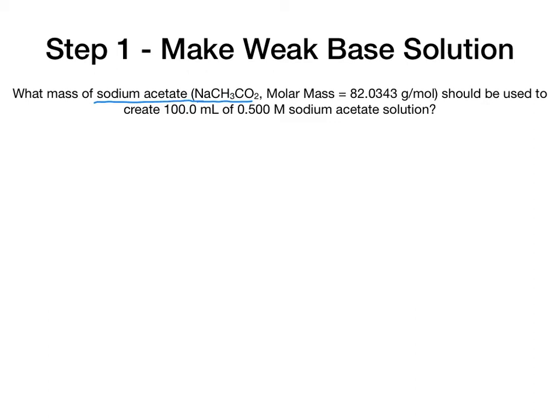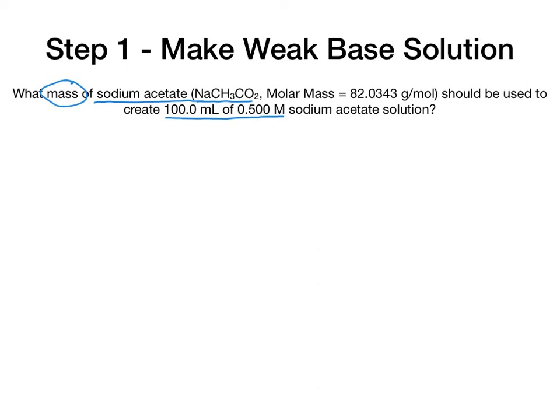Sodium acetate is a solid, it's a salt, and the procedure tells us that we want to create 100 milliliters of a 0.5 molar solution. And so the first thing we have to do is figure out the mass of sodium acetate that should be used to create 100 mils of a 0.5 molar sodium acetate solution.